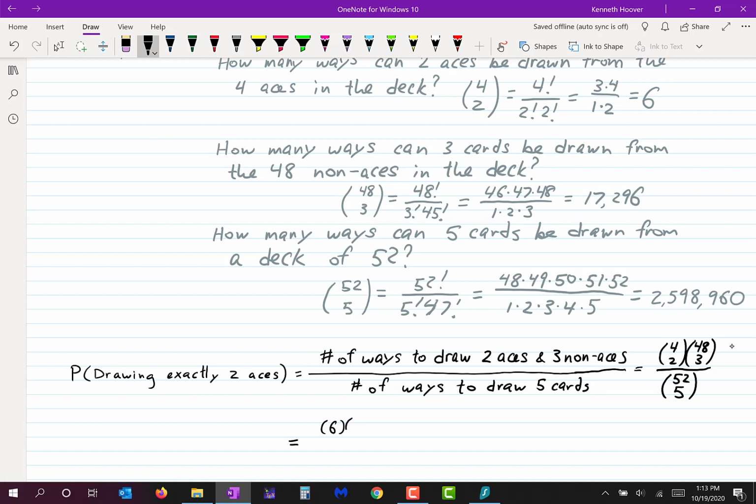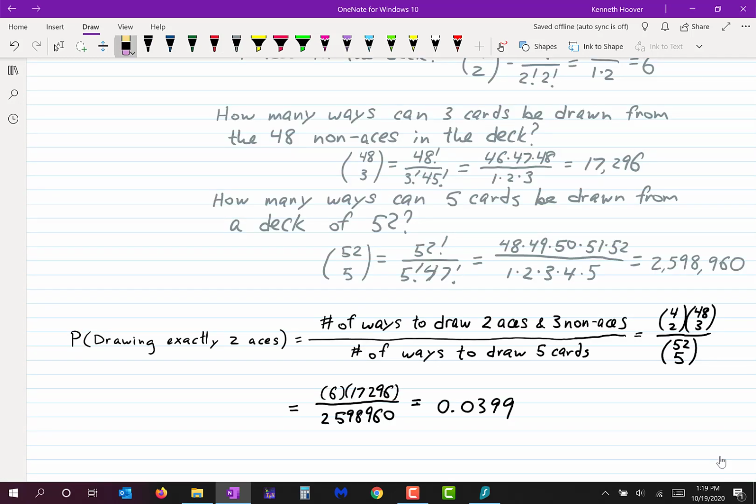That's 6 times 17,296 on top, and on bottom is 2,598,960, and that comes out to equal, it's a very long decimal, but we'll round off to 4 decimal places. We get 0.0399. That's the probability of getting 2 aces in a hand of 5 cards. Okay? And this kind of calculation that we did, that's called a hypergeometric calculation. Don't worry about why they call it that. That's just the name that we know it by.